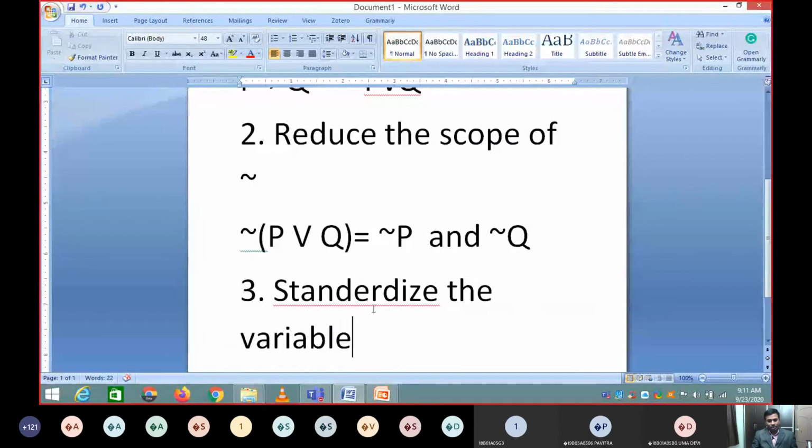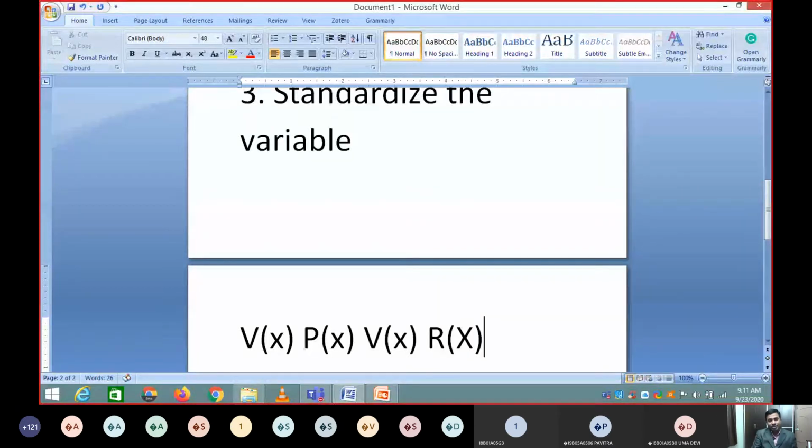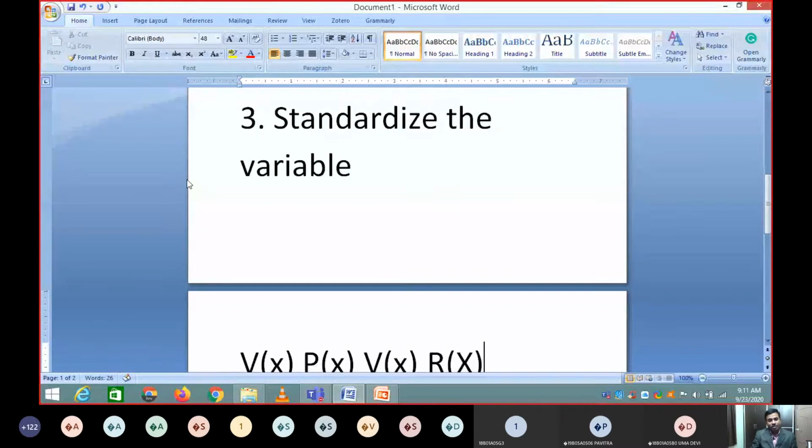What you can understand is, once you take a small example, all these things are very clear. It's very simple, like whenever you say for all x, p of x. Yesterday we were talking about x is Pompeian. For all x, this x can also be Roman. What it says is standardize the variables.